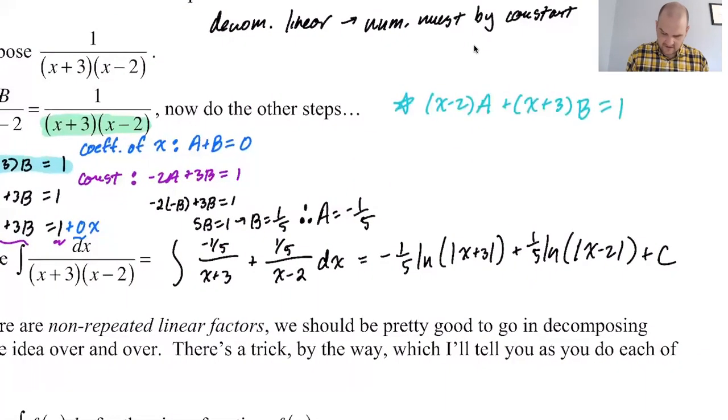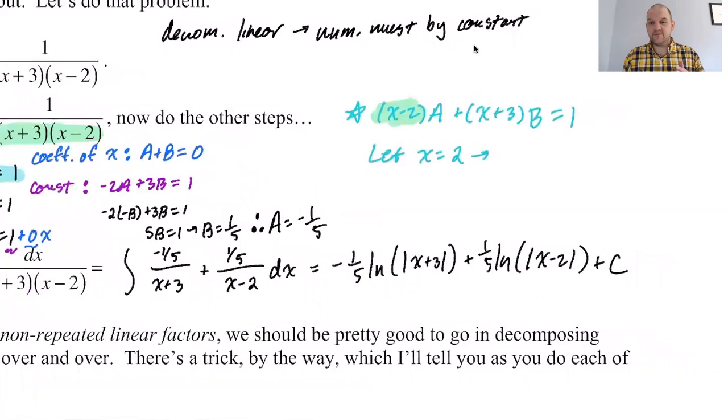What if I said let x equal 2? Why would I choose 2? Because if x is equal to 2, then this part is 0. And that means I'm just going to end up with 2 plus 3 is 5b equals 1. So b is 1/5.